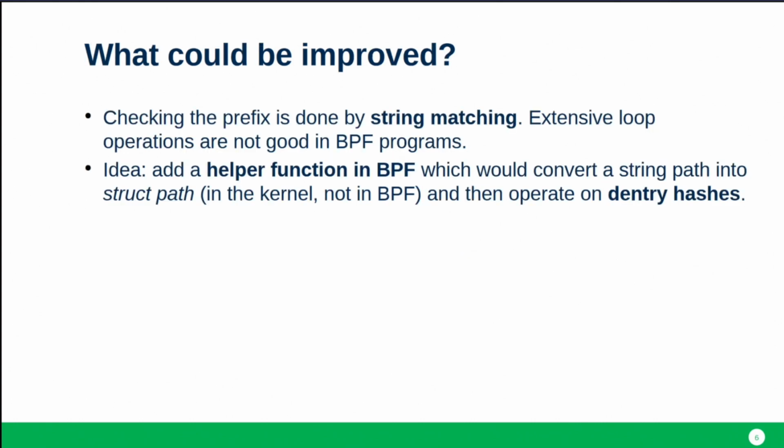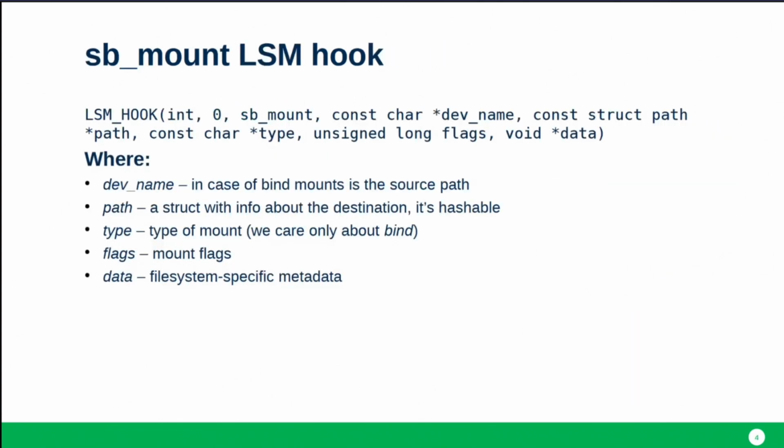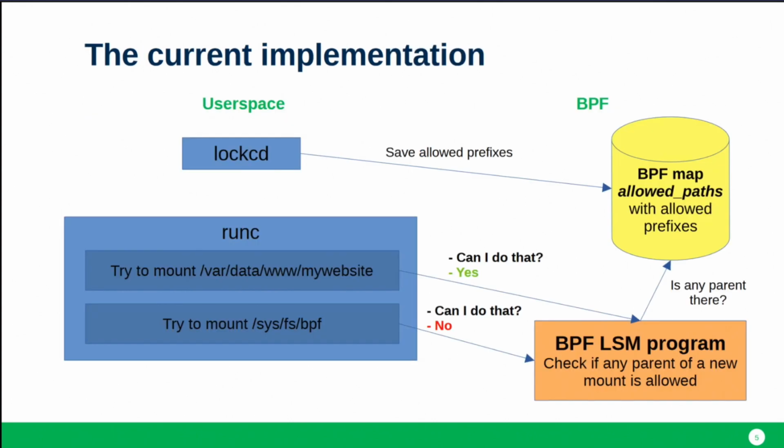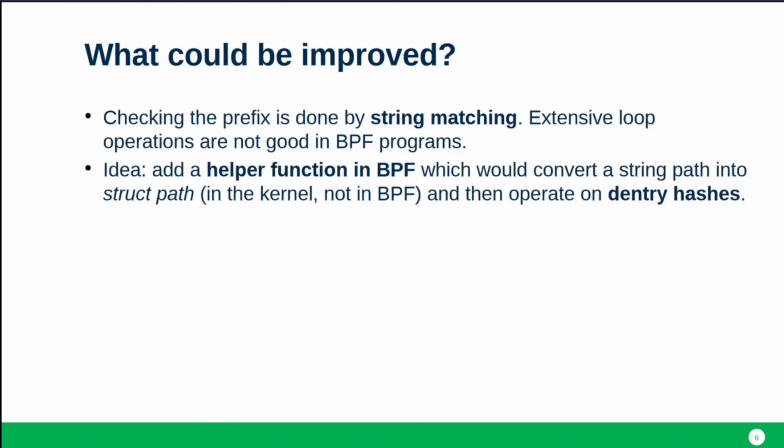And so far, it's based mostly on string matching. That's because of one inconvenient thing here. The only source of information about the source directory which we mount from is the dev name, which is a string. I really wish it was a struct like the destination one, but it isn't. And yeah, string operations in BPF are very tricky.